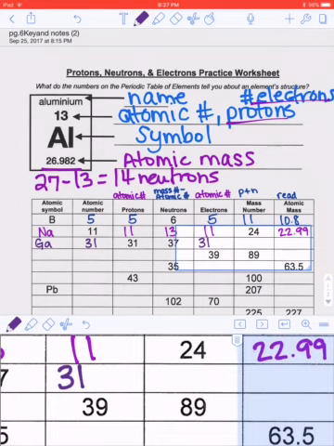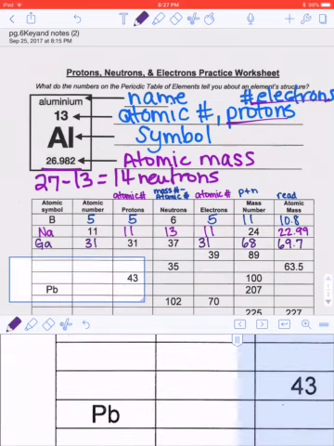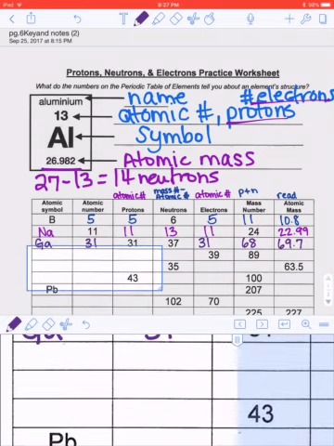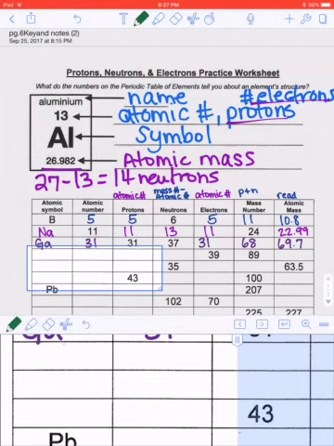I'll give you time if you need to type that into your calculator. It is 68. And the atomic mass on the table is 69.7. So what we'll learn about later is why sometimes the mass number that we calculated is different than the atomic mass. That will be after we finish doing all this excitement.